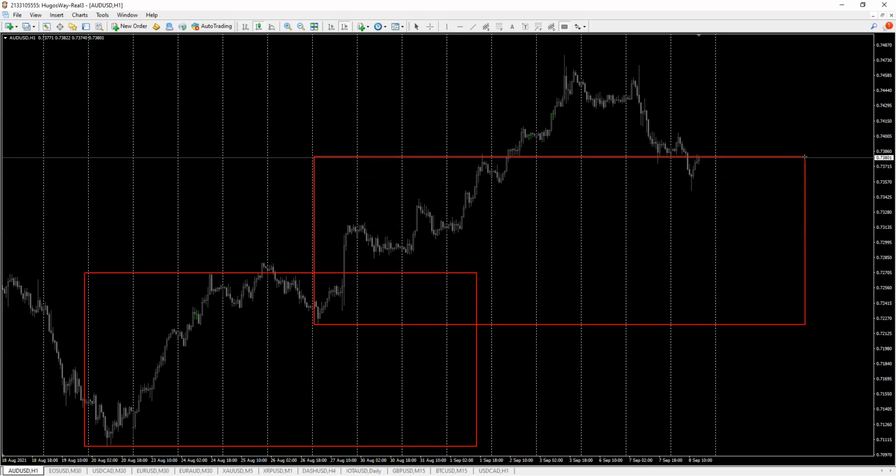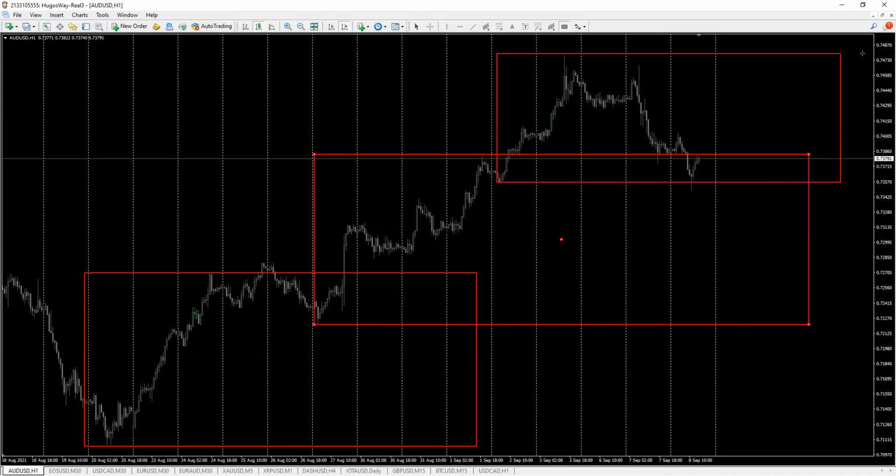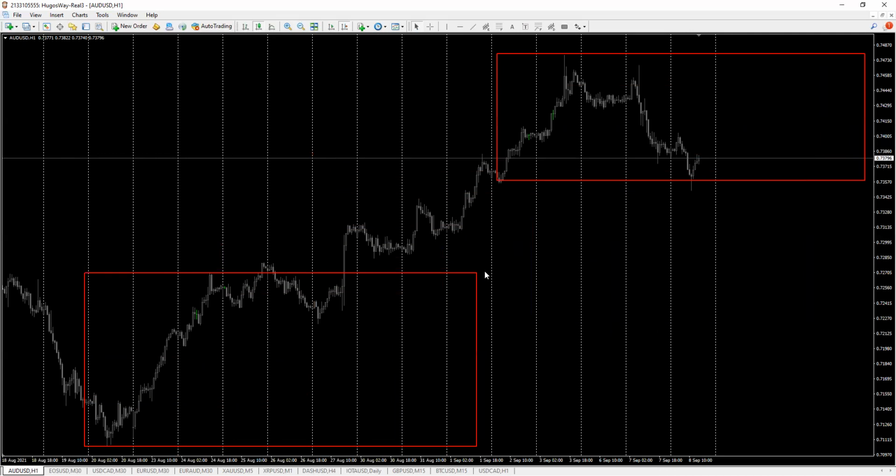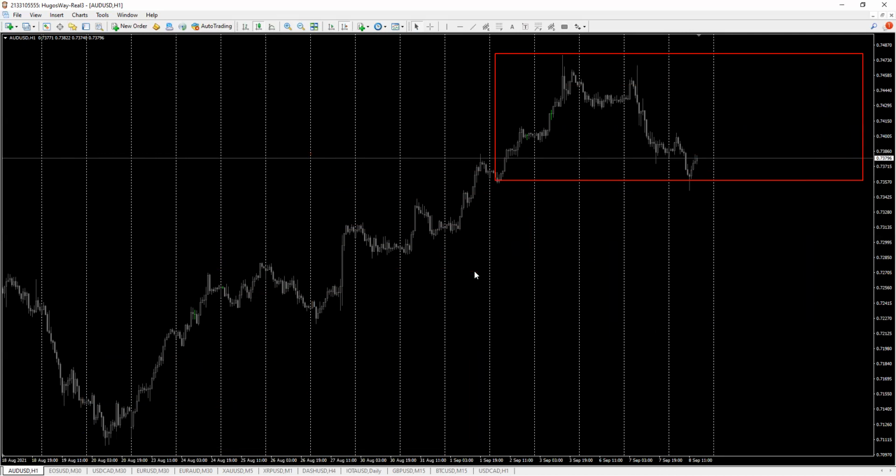Got level 2 here. And level 3 here. So now removing this, knowing where the cycles change, we got level 3 becoming level 1.